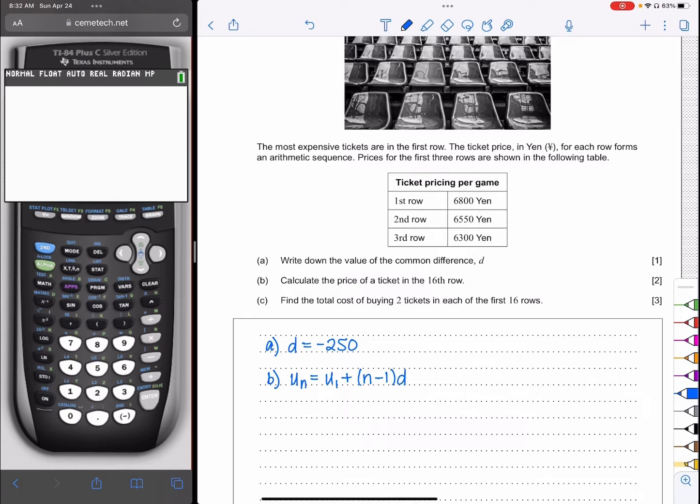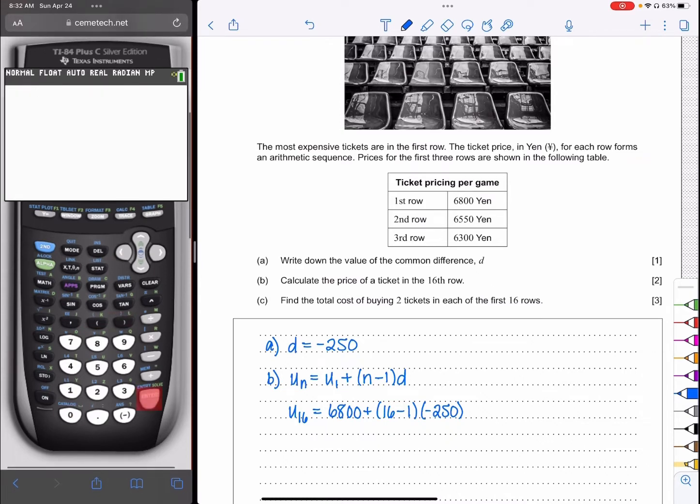If I want to find U sub 16, I'm going to have U sub 16 is equal to U sub 1, which is 6,800, plus 16 minus 1 times the common difference, negative 250. So when I type that into my calculator, I end up getting 3,050.